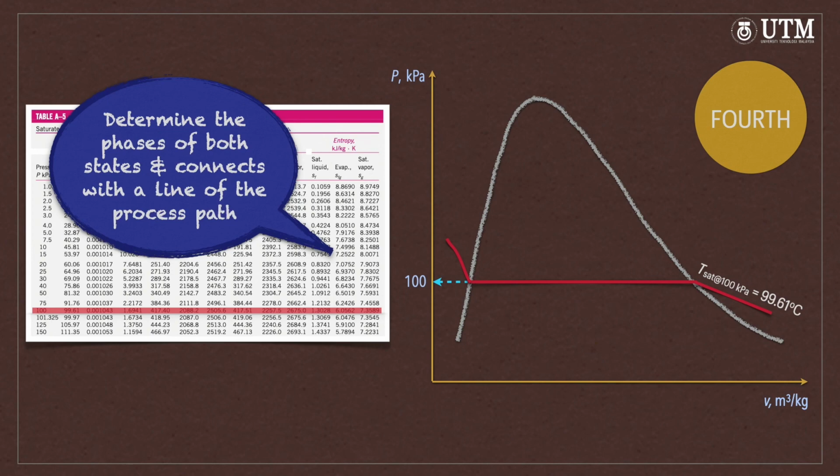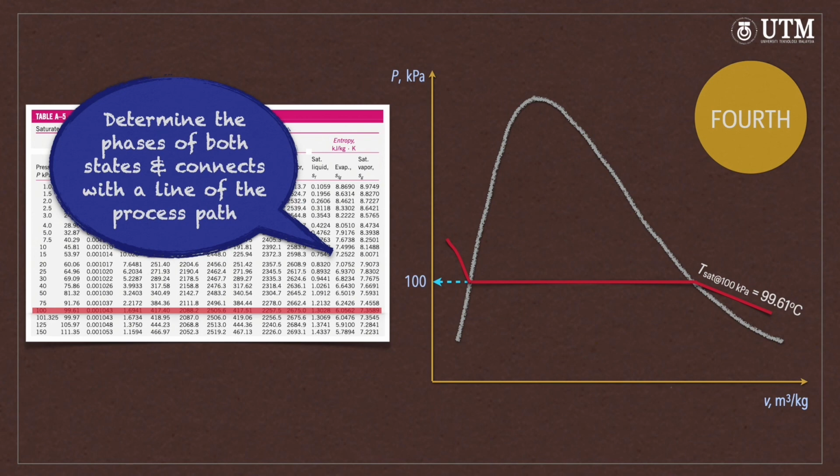For example 3.3, since we are given the system's pressure and the system undergoes a constant pressure process, therefore, the pressure of each state is known. Specifically, 100 kilopascals. However, example 3.3 has also given the phase for each state.